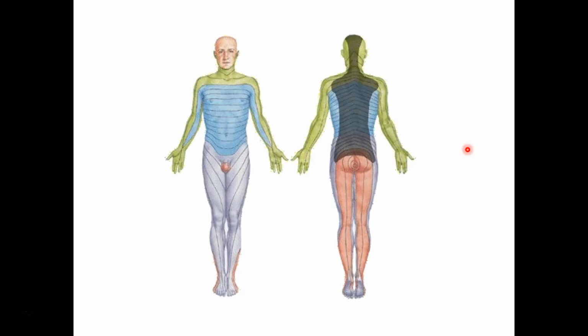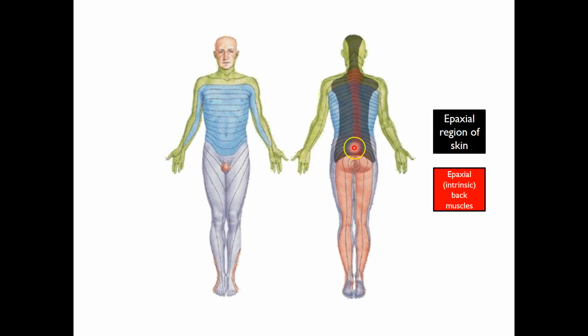Okay, and let's show you where those epaxial and hypaxial regions are again. So shaded here is actually the epaxial region of skin. And one thing to just point out here is that the area from which sensory supply comes back from the epaxial region is a little bit larger than the region to which we are supplying motor innervation to those intrinsic back muscles.